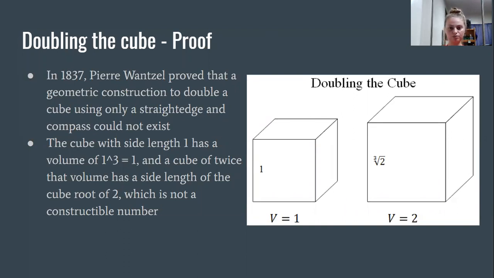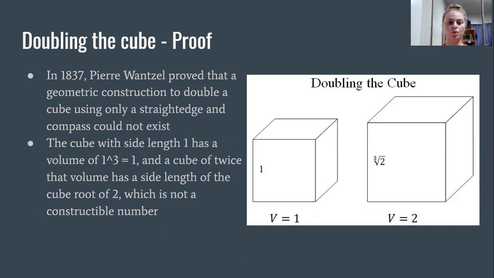So we can see in the picture that the smaller cube has a side length of 1. That would mean the volume is 1 cubed, which is equal to 1. If we wanted to double that cube, we would want the volume of the bigger cube to be 2. So in order to find the side length of the cube with a volume of 2, we would have to take the cube root of 2, and that is not a constructible number.